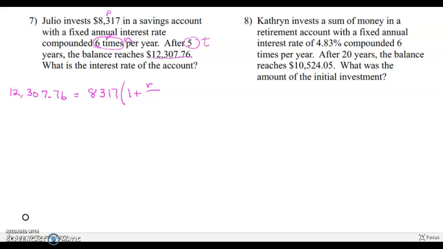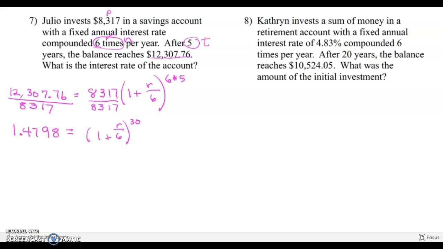And it's compounded 6 times a year to the 6 times t, which is 5. So to the 30th power. Let's divide both sides by 8,000. All right, after dividing, I got 1.4798 equals 1 plus r divided by 6 to the 30th power.